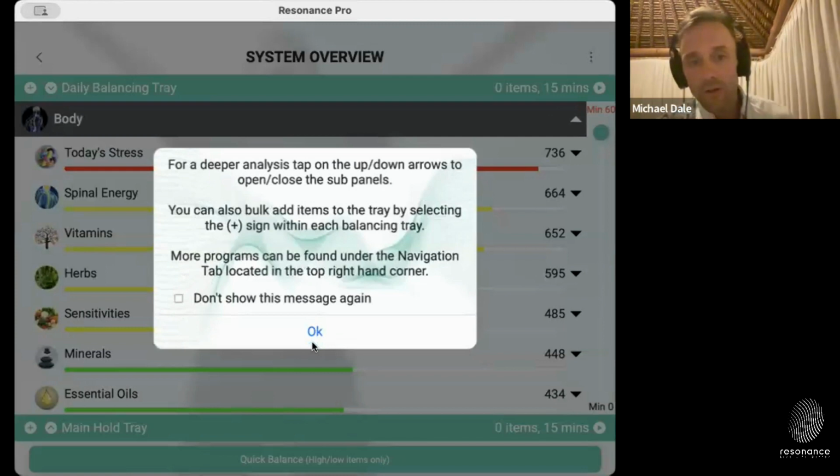Okay. For a deeper analysis, tap on the up-down arrows to open and close the subpanels. You can add all the items in a category to your balancing trays at one time. And more programs can be found under the navigation tab located in the top right-hand corner.